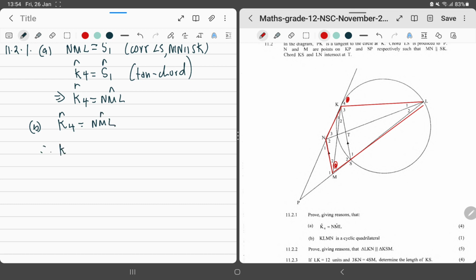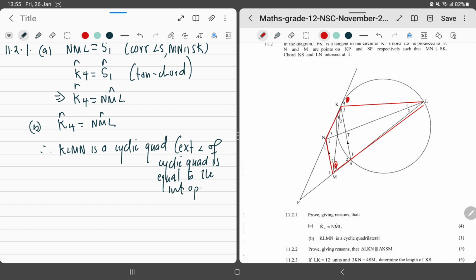Therefore, KLMN is a cyclic quad. And this is because the exterior angle of a cyclic quad is equal to the interior opposite angle.